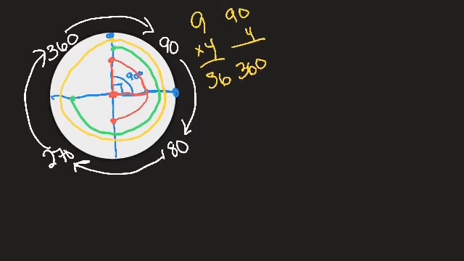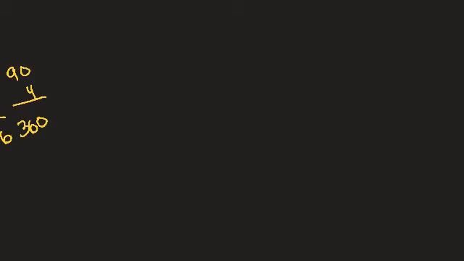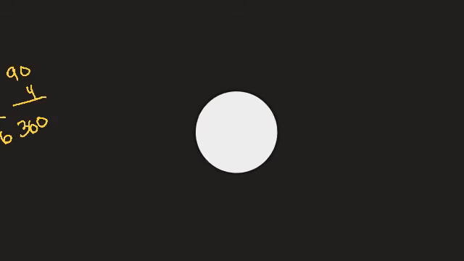Now, let's do some practice ones. If I start a point, and that point is here, and that point moves around the center of rotation, and it ends up here, how far has that point traveled?